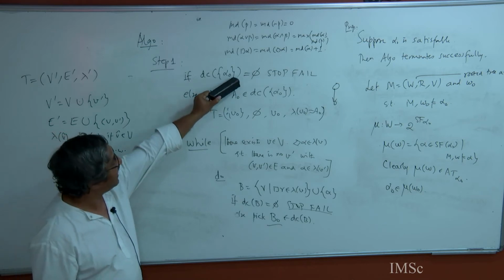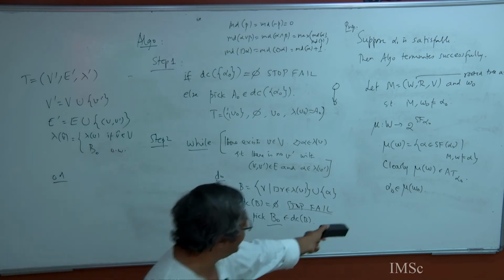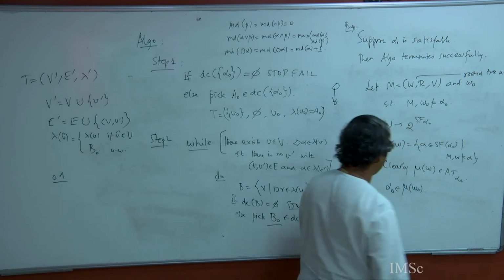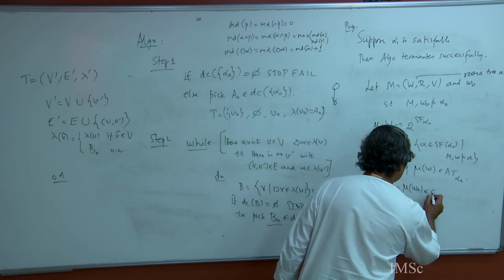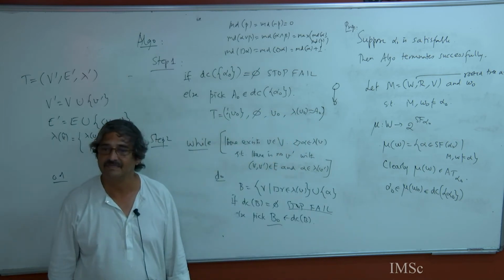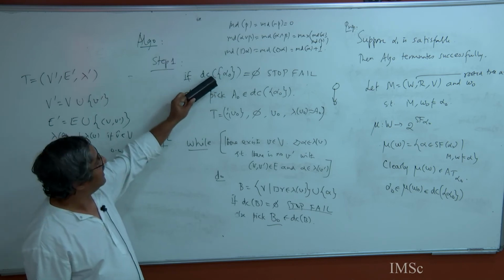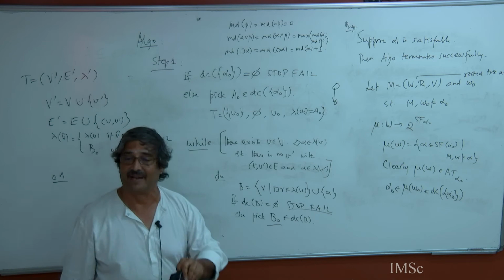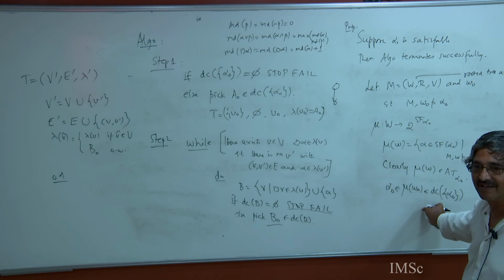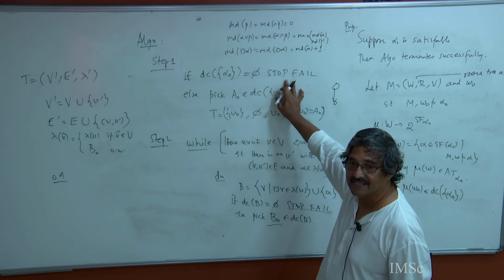This set cannot be empty. I am saying in particular for my algorithm, it constructs DC of alpha naught, right? That cannot be empty. There is at least one witness that is available. So there is no way the algorithm will fail at this stage. Is it clear?